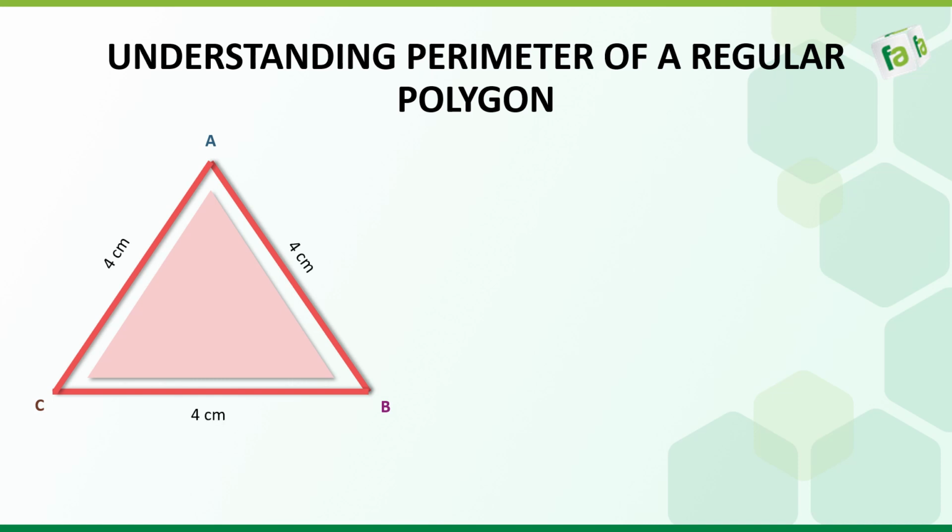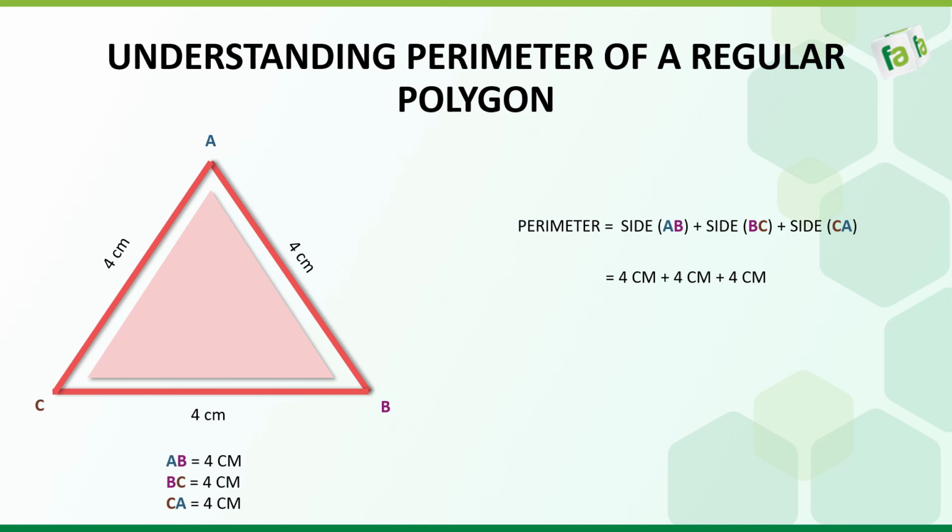So, side AB is equal to 4 cm, BC is equal to 4 cm, and CA is equal to 4 cm. So, perimeter is equal to side AB plus side BC plus side CA, which is equal to 4 centimeters plus 4 centimeters plus 4 centimeters, which is equal to 12 centimeters. Therefore, the required length of the ribbon is 12 centimeters.